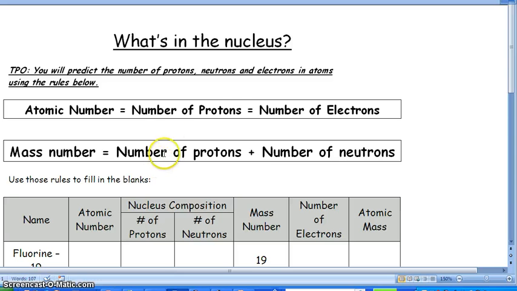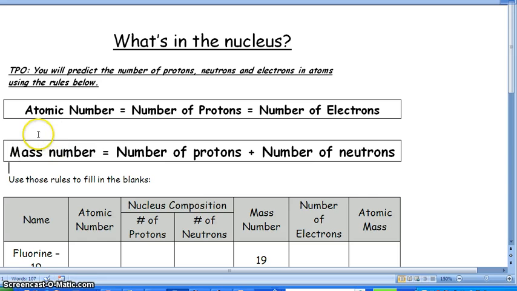Now let's think about the neutrons. Do you remember at the end of your model I said, where is all the mass of the atom? Where's all the heavy stuff? And you pointed at the nucleus. It's in the nucleus. And what's in the nucleus? The protons and neutrons.